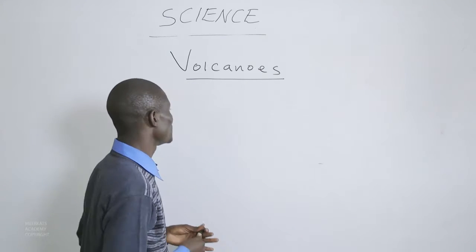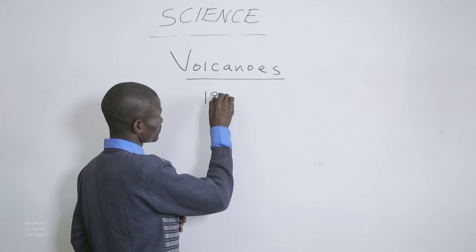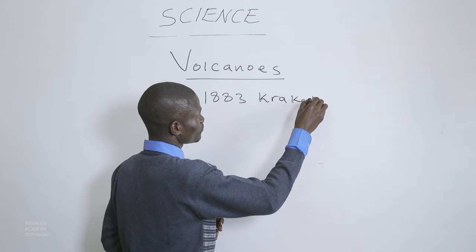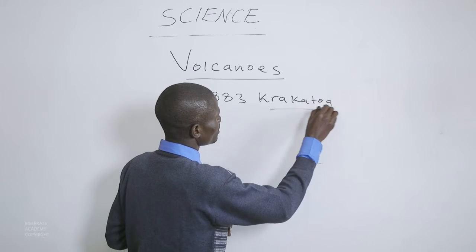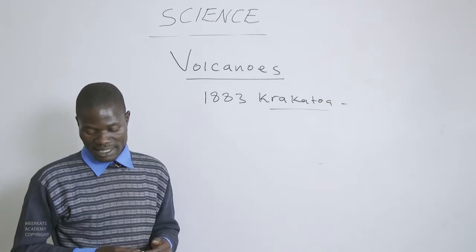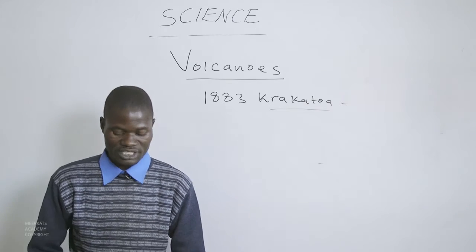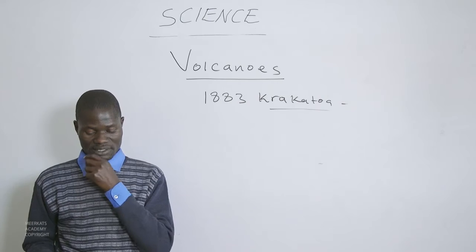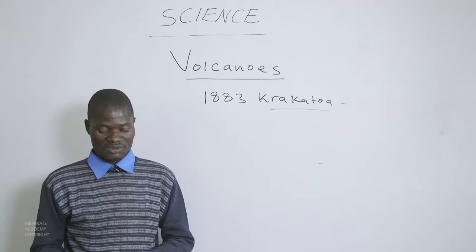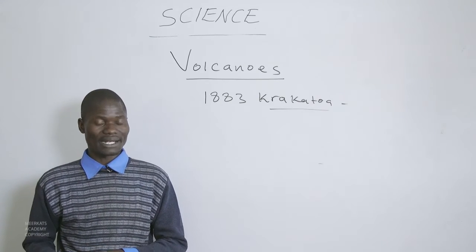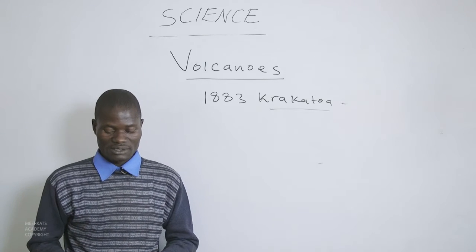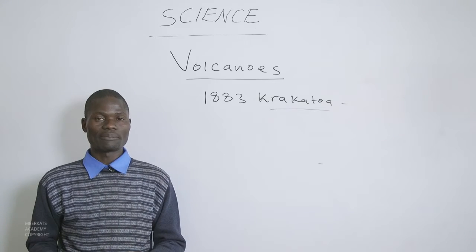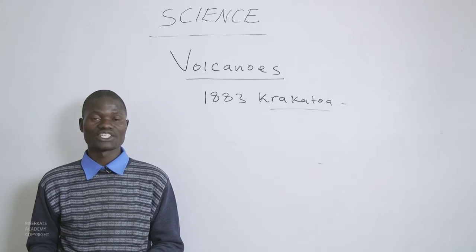For example, in 1883, the island of Krakatoa near Java in Indonesia erupted. This has been recorded in the history of volcanoes. As a result, it caused the largest explosion ever experienced in human history.